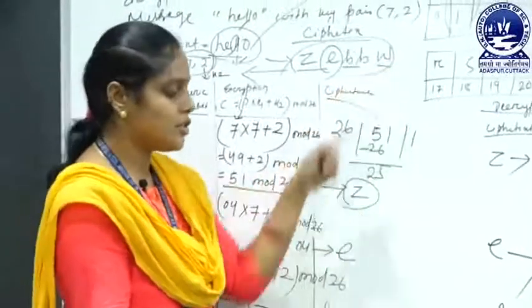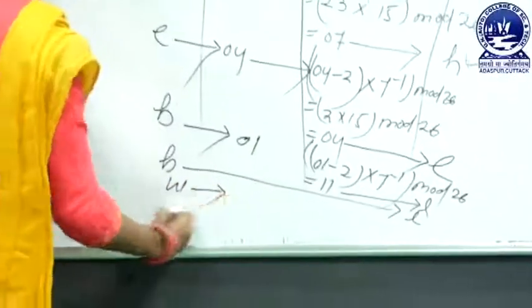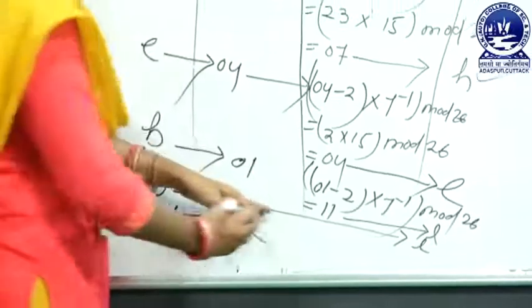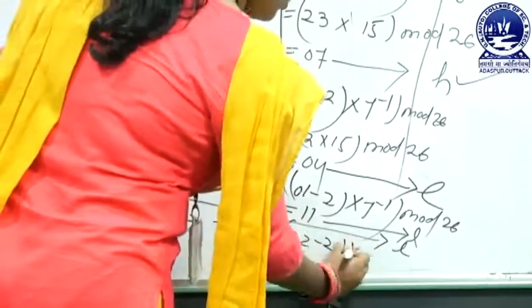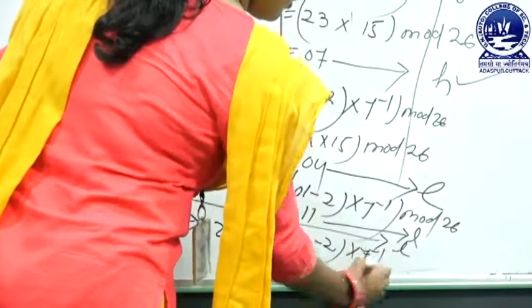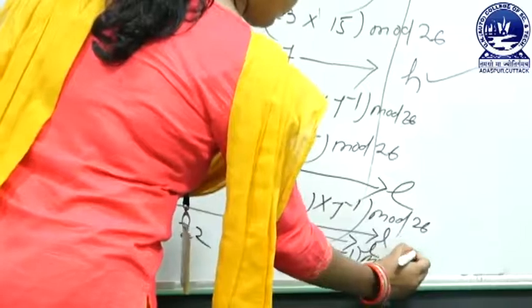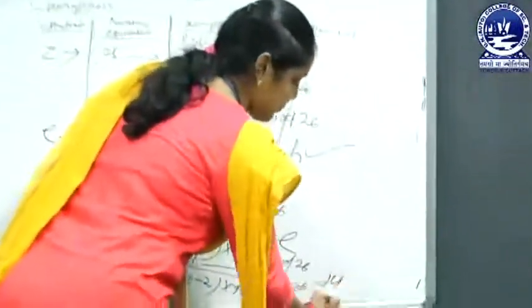Now the last alphabet of our ciphertext is W. For W the numeric equivalent is 22. That means 22 minus 2 into 7 inverse mod 26, that is equal to 14.